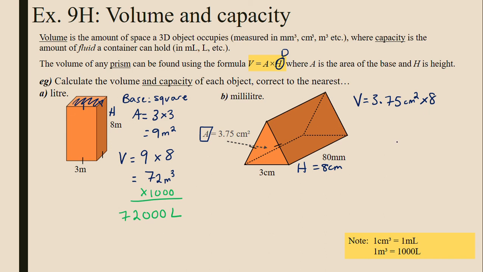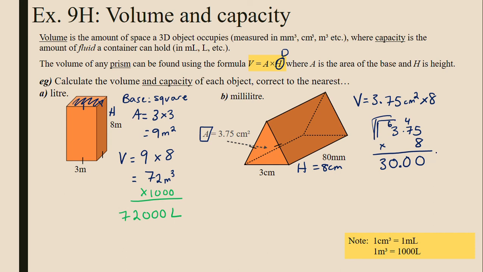3.75 by 8, we're going to do that vertically. So 5 times 8 is 40, put down the 0, carry the 4. 7 times 8 is 56, plus 4 is 60, put down the 0, carry the 6. 3 times 8 is 24, plus the 6 is 30. And we've got 2 decimal places in the question, so we'll have 2 in the answer.